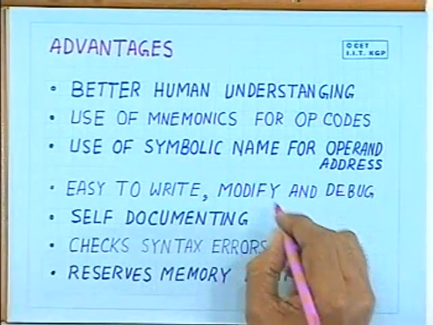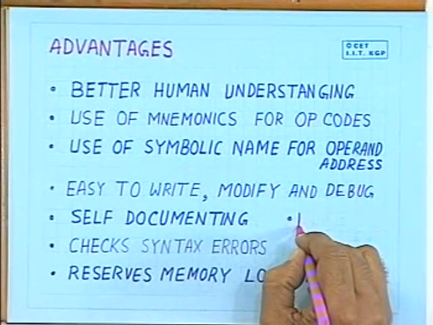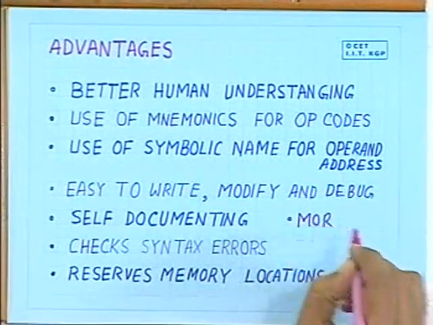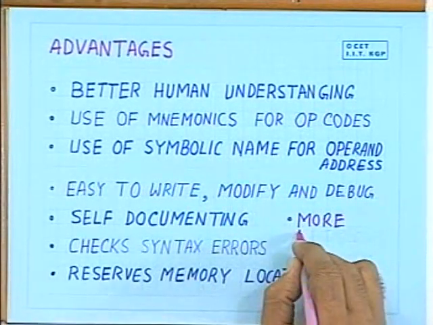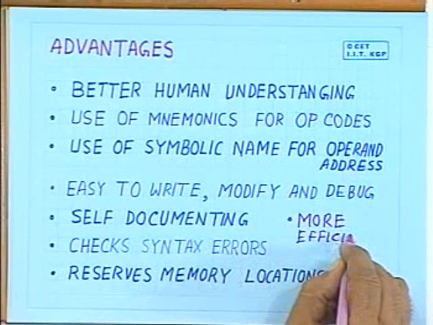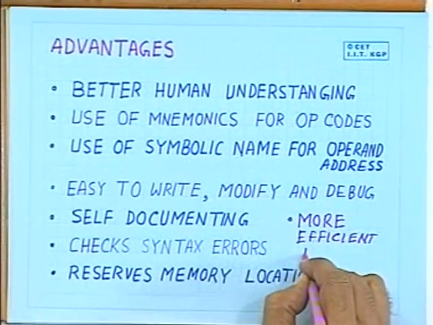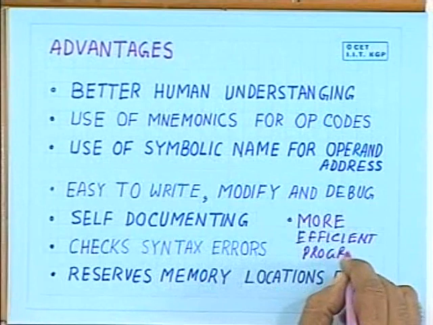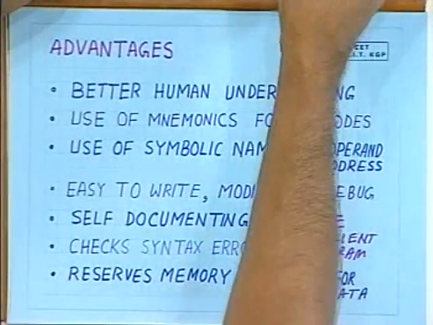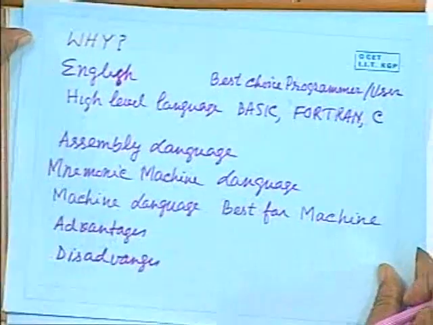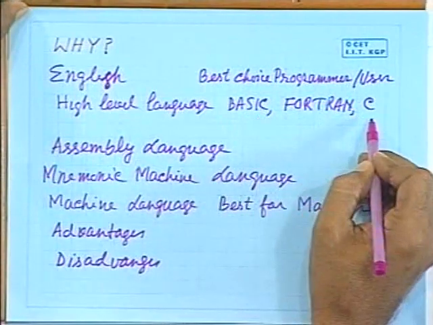Another advantage which I did not mention here is that it provides you a more efficient program. It has been found that one choice is you can write a program in BASIC, Fortran or C. Whenever you write a program in a high level language, that high level language program has to be converted into machine language with the help of a compiler.